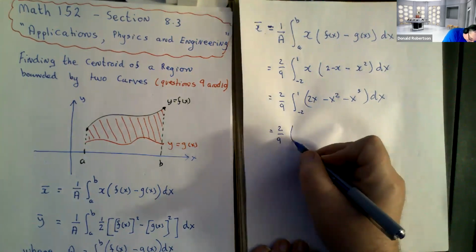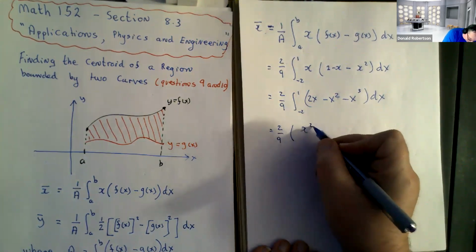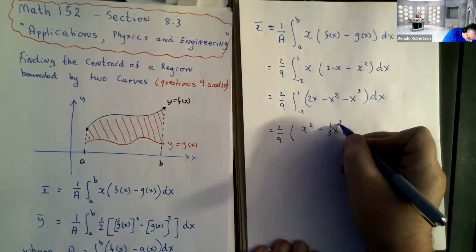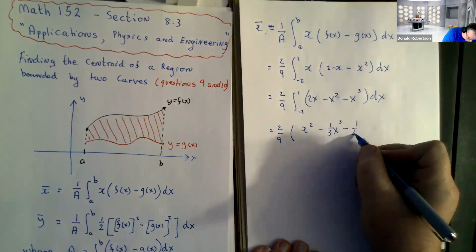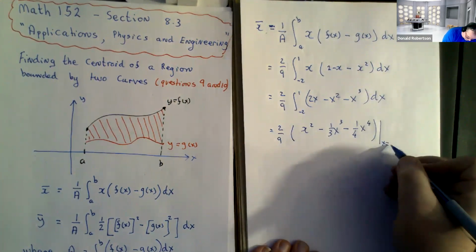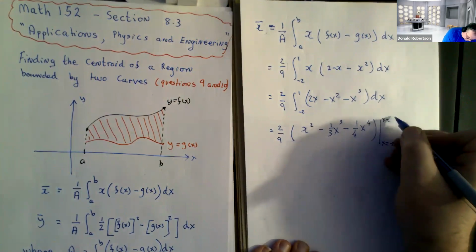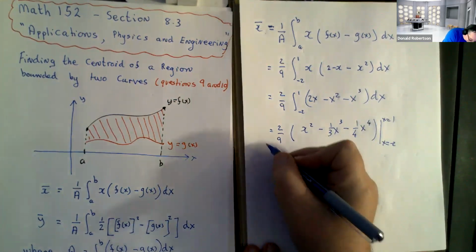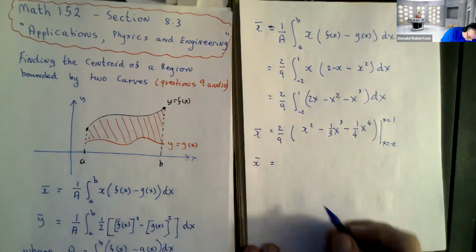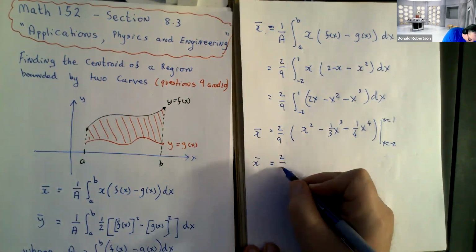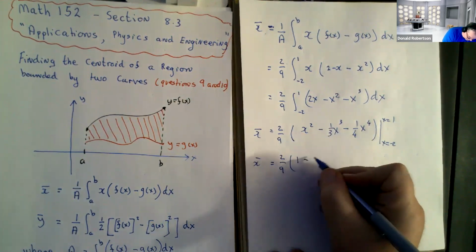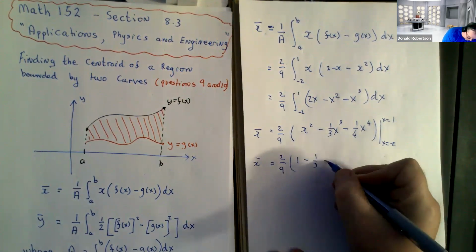Do the power rule, it's going to be x squared, take away 1/3 x cubed, take away 1/4 x to the 4, evaluated at -2 and 1. So 1 squared is 1, take away 1/3, that's -1/4.